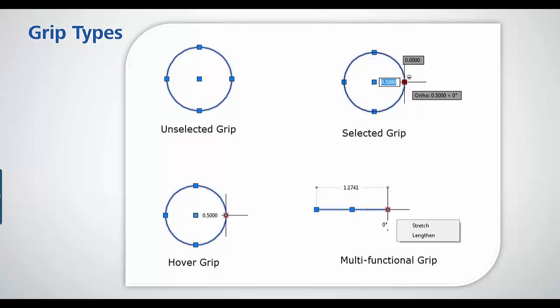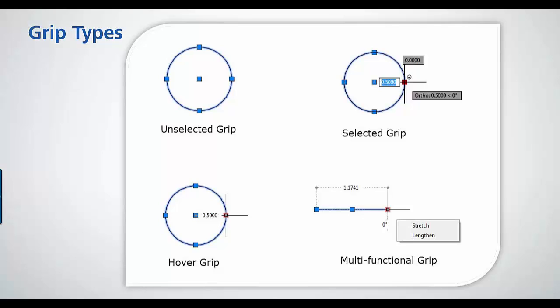Okay, and in this instance here, dynamic input is on, so you're actually seeing additional information about the grip as well as, in this case, the radius of the circle. On the bottom left, you'll see we have a hover grip, and basically you're just moving your mouse cursor on top of that grip without picking it or selecting it, and it will provide feedback about that object.